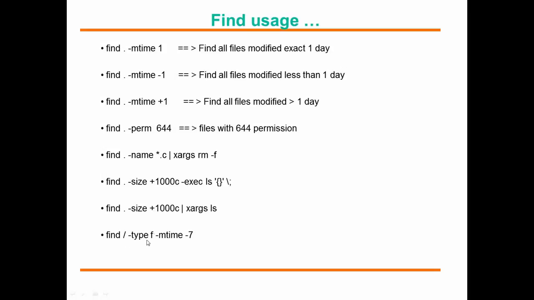Show me all the files which are of type f, file, I don't want directories, with modified time less than 7 days. You can combine multiple options. You see what I'm saying? There are various flags you can give with the find command. Not only by name, you can search by modified time, by permission, by size, and by type.